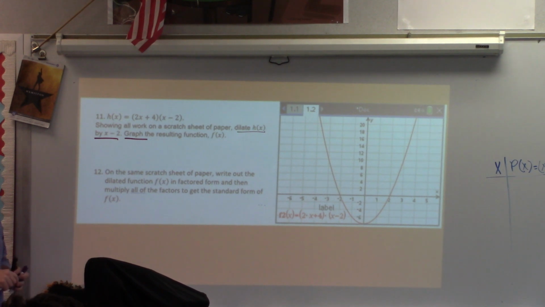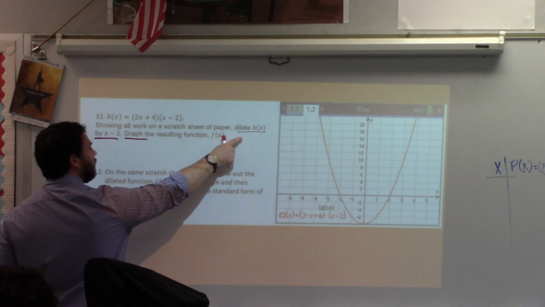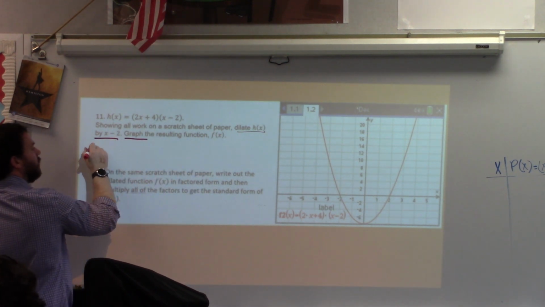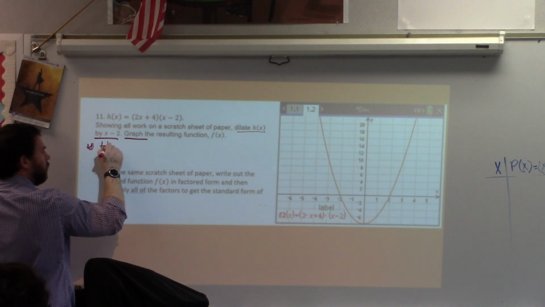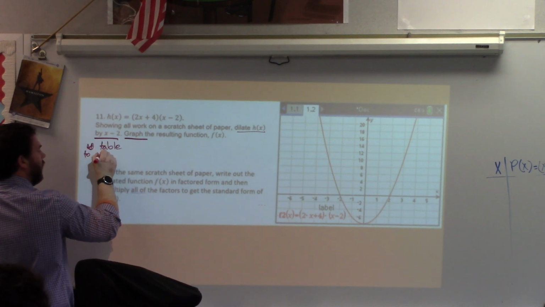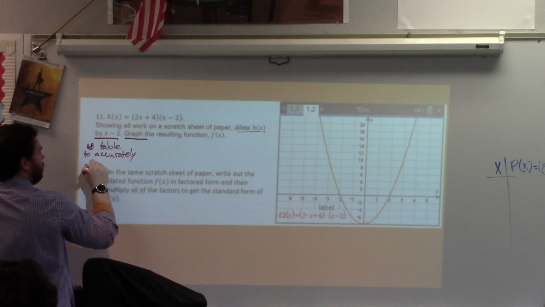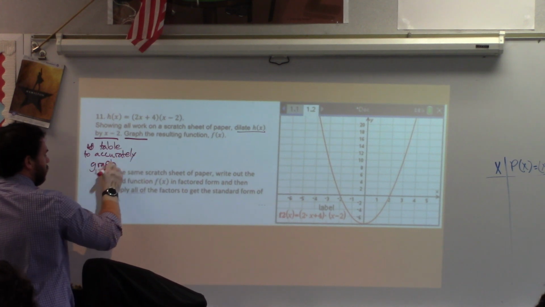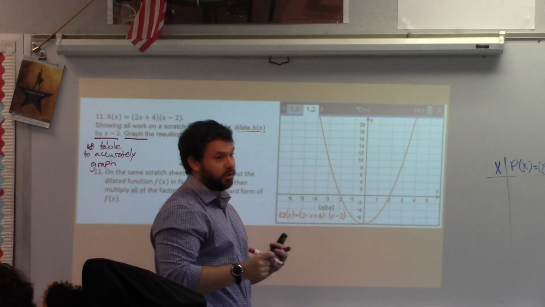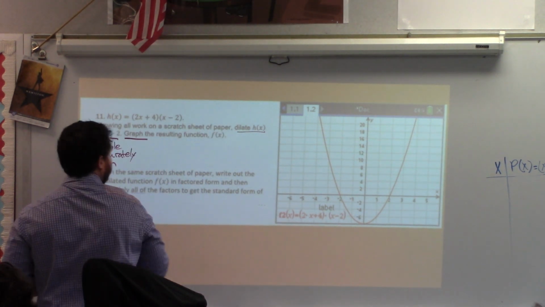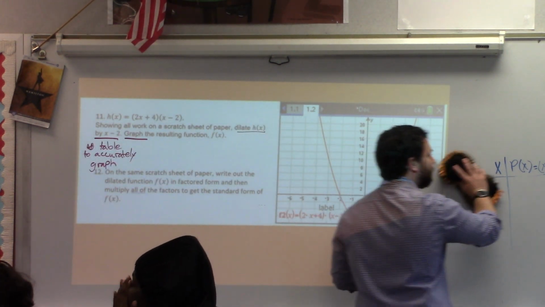Table. Anytime I'm asking you to dilate and then graph, you need a table to accurately graph. I'm not asking you to look at the calculator. You can use the calculator to check yourself, but you need to show clear evidence of your understanding.